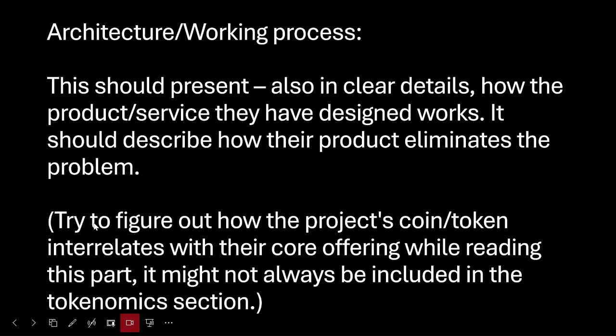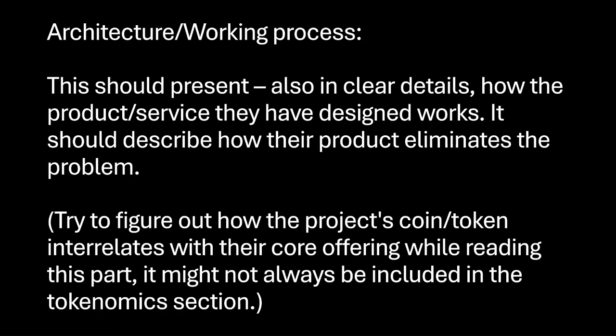I put in brackets: try to figure out how the project's coin or token interrelates with their core offering while reading this part. It might not always be included in the tokenomics section, so this is just something to note.